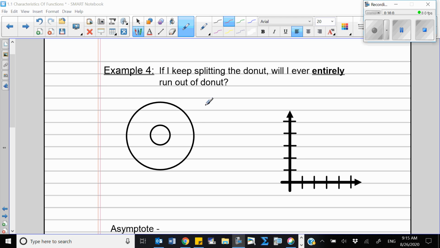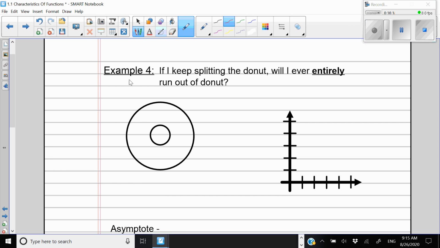Okay, now we have another example. Let's say I have a donut here, and I want to divide it in half and give the halves to my friends. Let's see what happens. Will I ever entirely run out of my donuts? The first time, I divide my donut in half. At first I have one whole piece of donut.